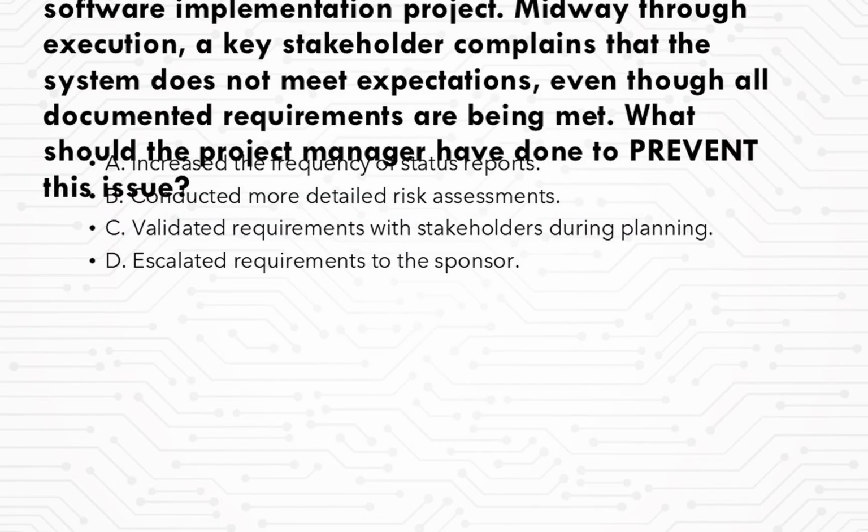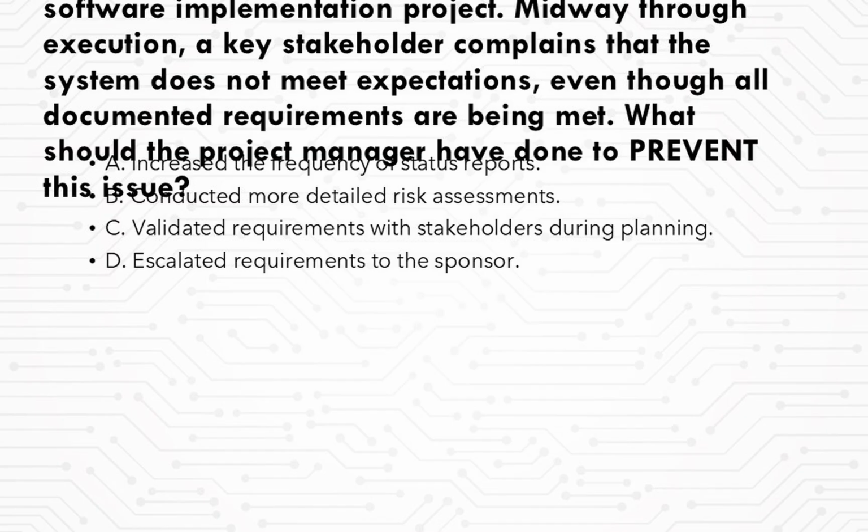Question 51. A project manager is leading a software implementation project. Midway through execution, a key stakeholder complains that the system does not meet expectations, even though all documented requirements are being met. What should the project manager have done to prevent this issue? A. Increase the frequency of status reports.